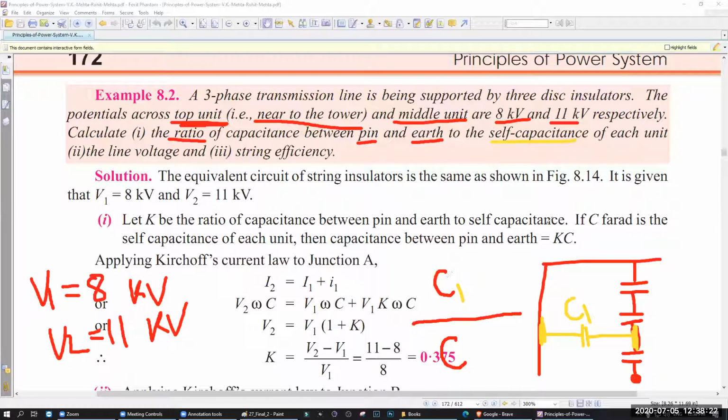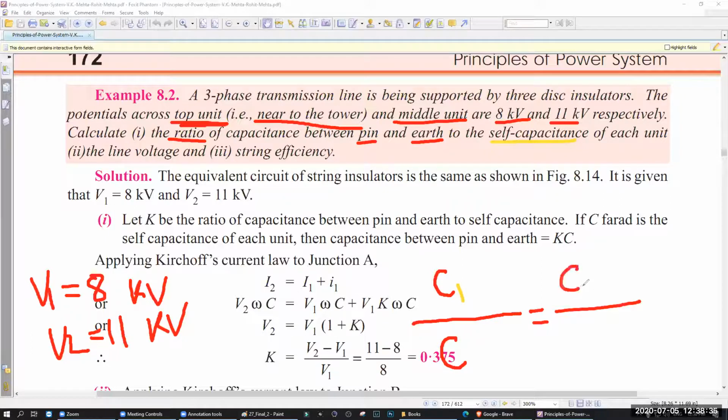So C1 by C, what is the value of C1 by C? C1 is C1. Actually, you can write C1 is equal to KC.